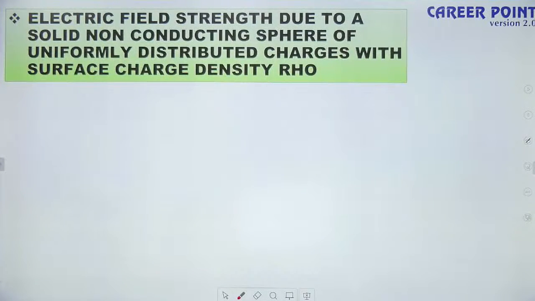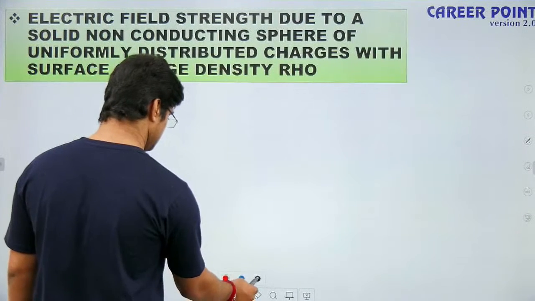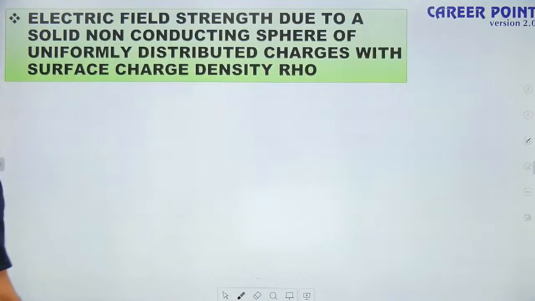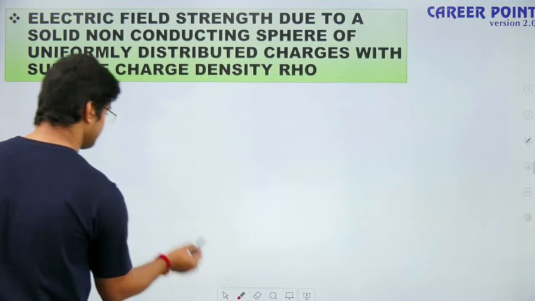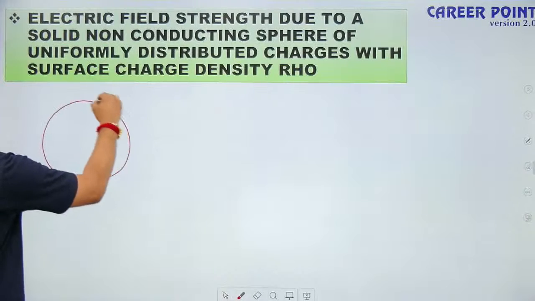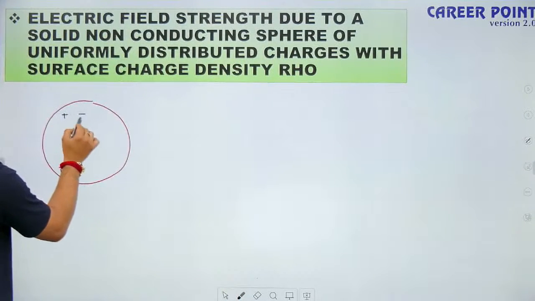Let's proceed further. Electric field strength due to a solid non-conducting sphere of uniformly distributed charge with charge density rho. So we are given a solid non-conducting sphere, so let's draw it. This is a non-conducting sphere where positive charges are present everywhere.